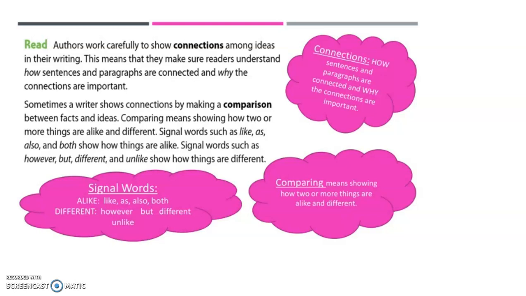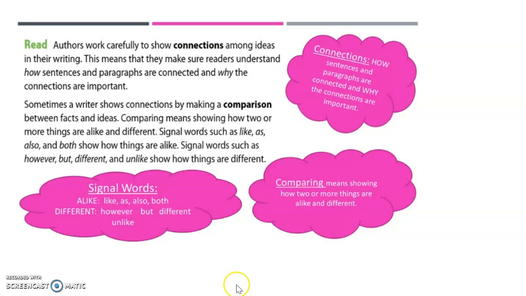Again, back with our pictures that we looked at on the previous page, they showed how vehicles were very different and alike. We saw that they were different because one was pulled by a horse and the other ran by an engine. But they were the same because they still take people where they need to go.